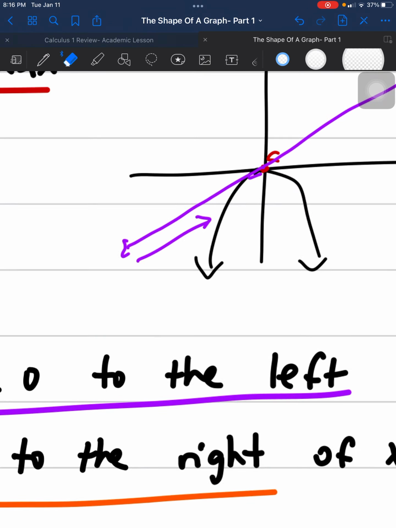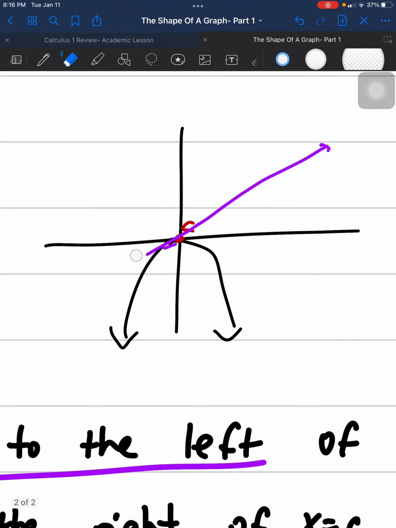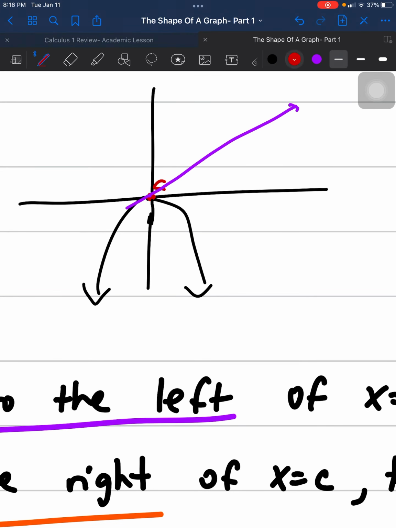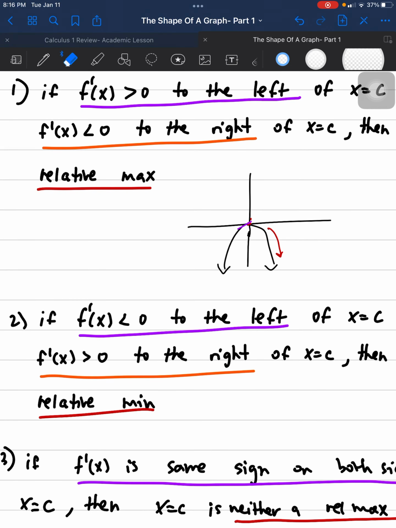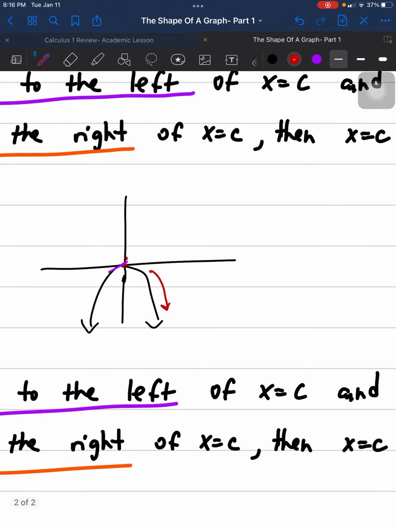We can erase this tangent line now. So on the left side of this parabola, the function is increasing, right? And on the right side, you see that the function is decreasing. And that means that there is a maximum located at x equals c.